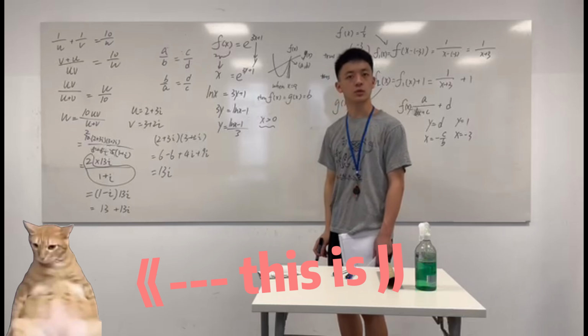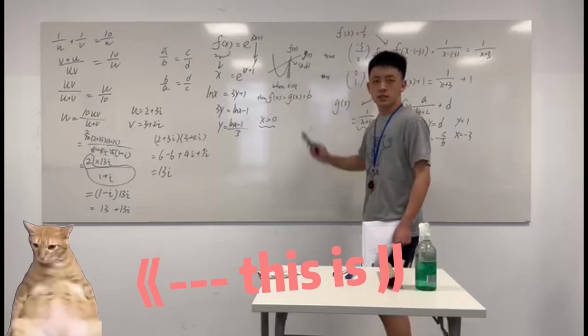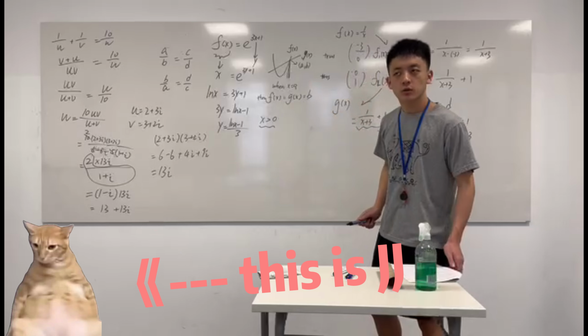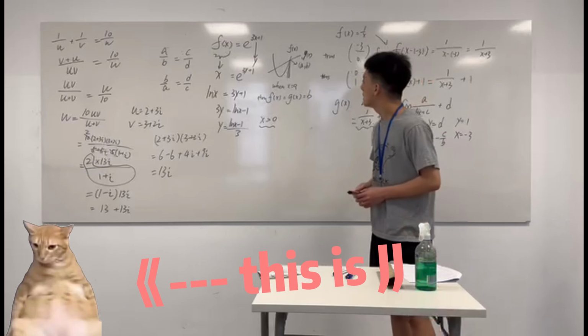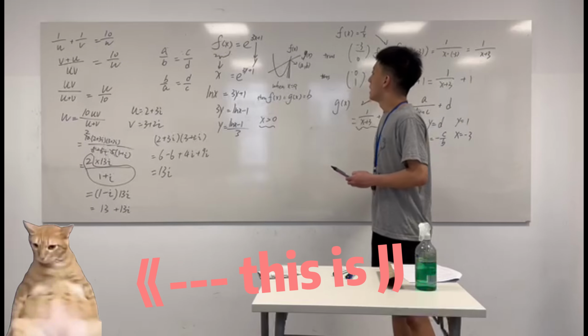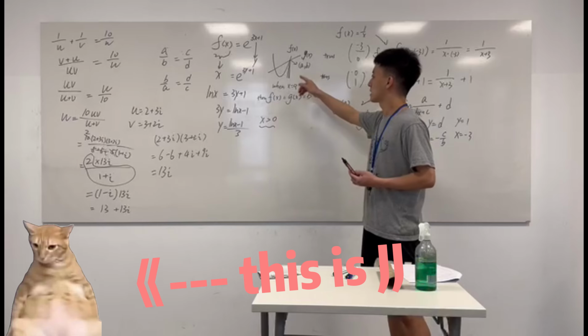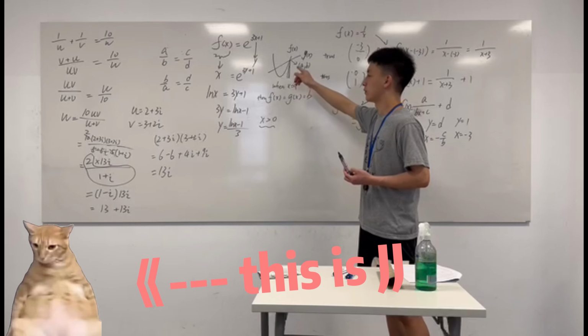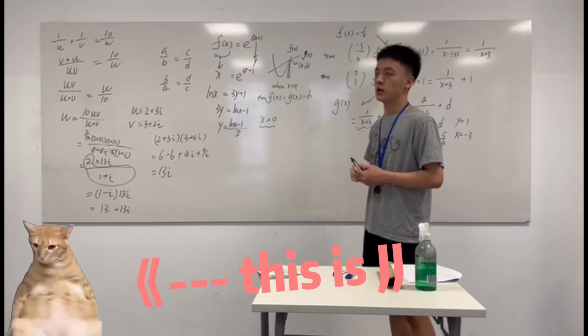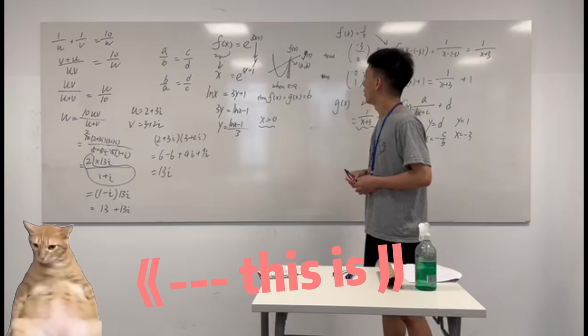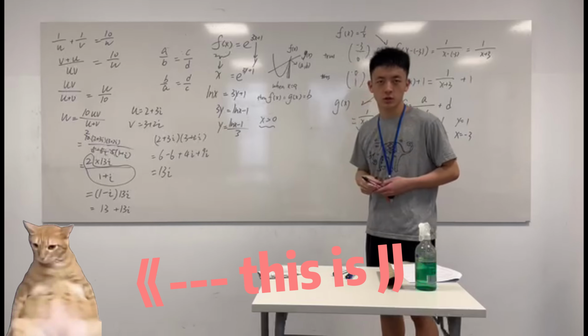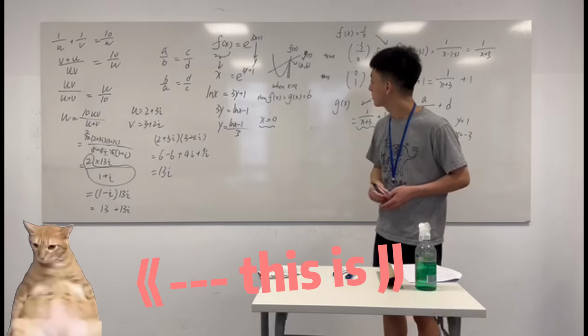Do you guys understand? Intersection of two graphs of functions means when x equal to the x coordinate of this point, the outputs of both functions are the same.